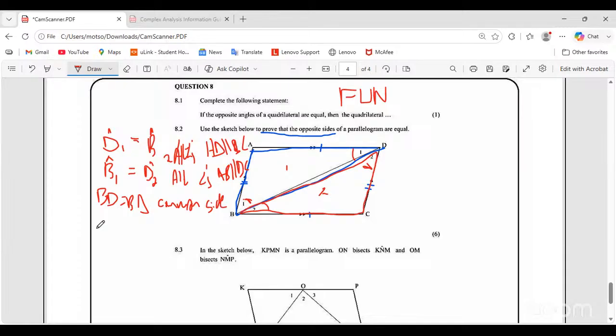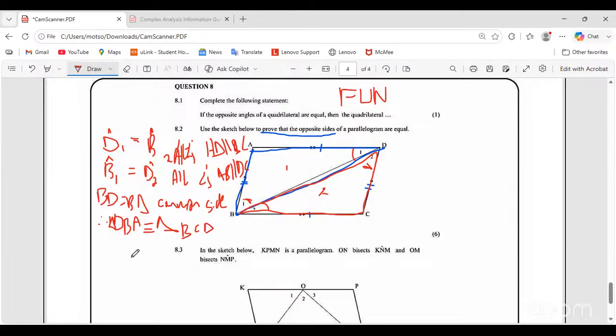Now, we have proved that triangle DBA is congruent to triangle BCD.